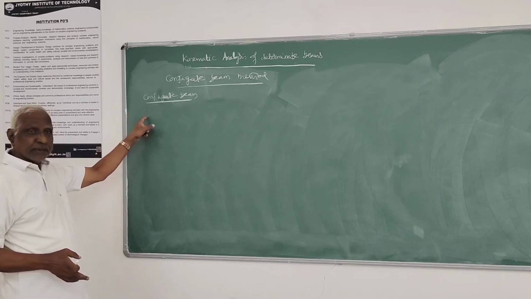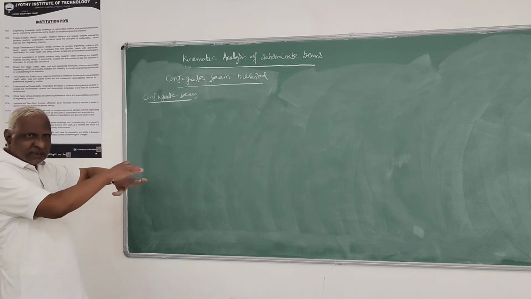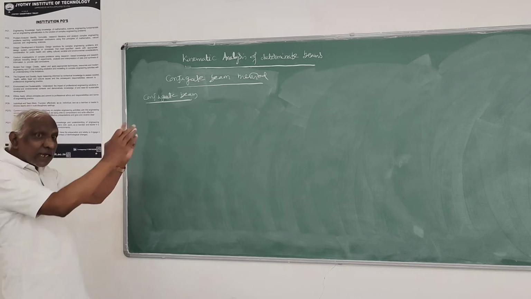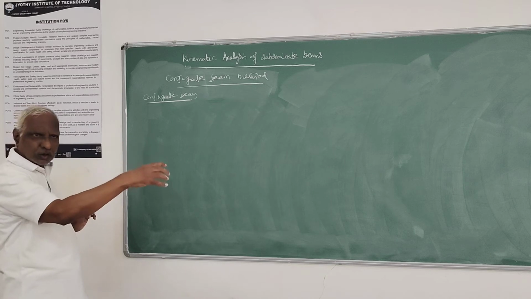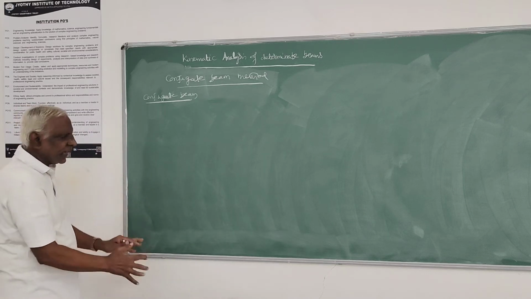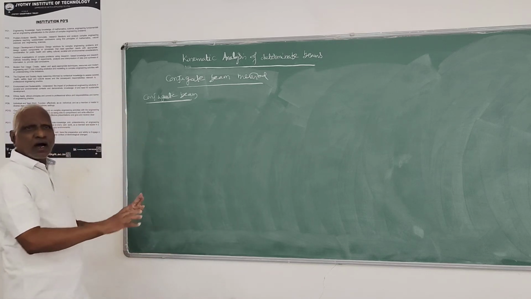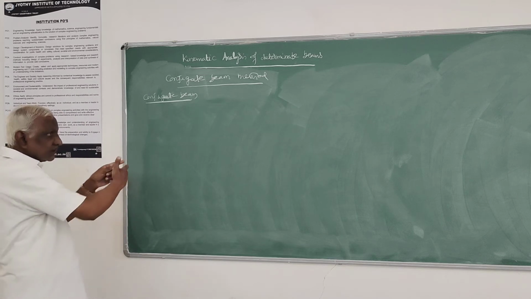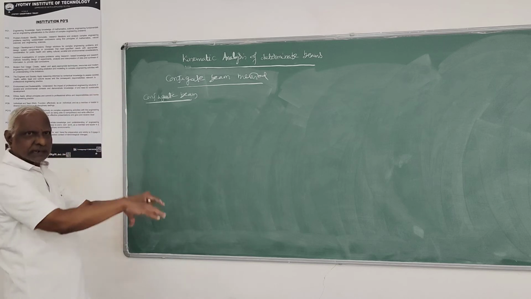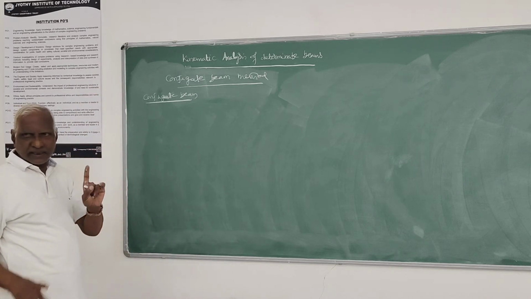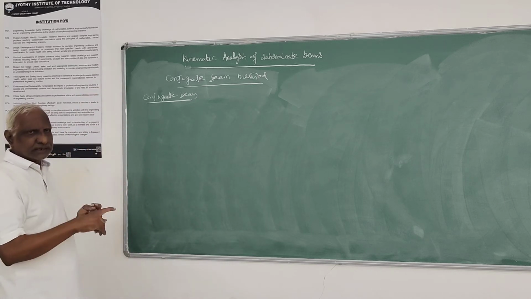But the loading on the conjugate beam will be the M by EI diagram. Whatever bending moment diagram you get for the real beam, you load it fully on this imaginary beam. The span remains the same, and on that entire span the load will be the M by EI diagram.